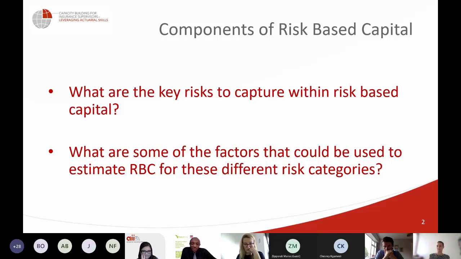For instance, a jurisdiction might have credit and concentration and market broken down. But at minimum, a risk-based model should at least have these 4 risk categories that we'll be discussing today.